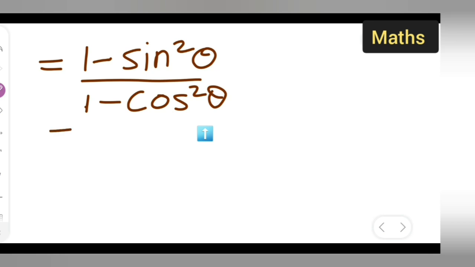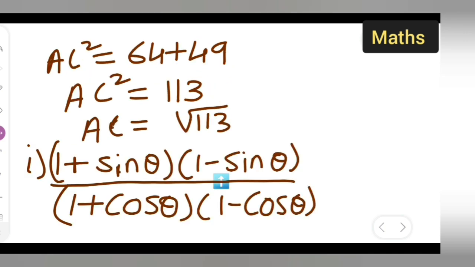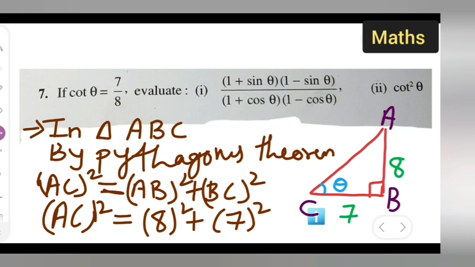Now basically this is equal to what? 1 minus, now sin theta will be what? Opposite upon hypotenuse. So opposite of theta is what? Opposite of theta is AB.